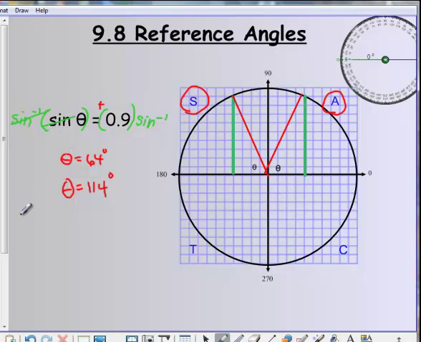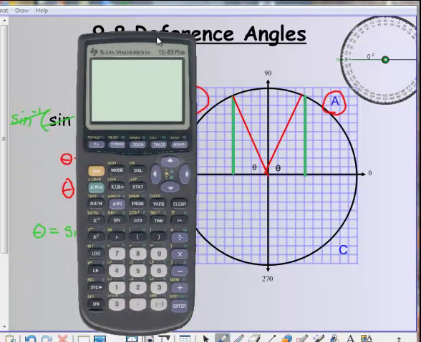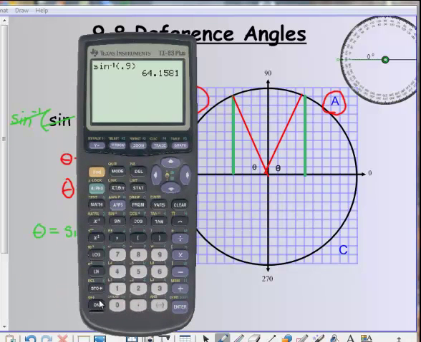So we're left with theta is found by taking the inverse sine of 0.9. So when we get out our calculators and we do the inverse sine of 0.9, look what we get. 64 degrees, because we'll be allowed to round it to the nearest whole.